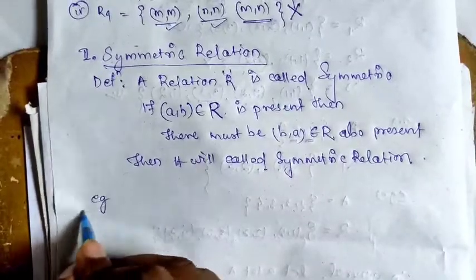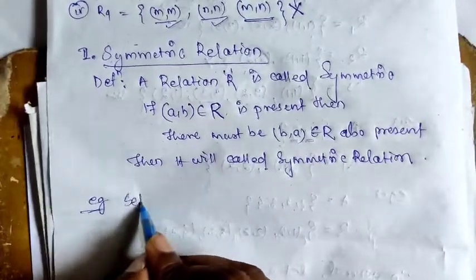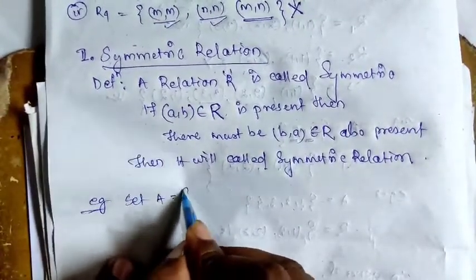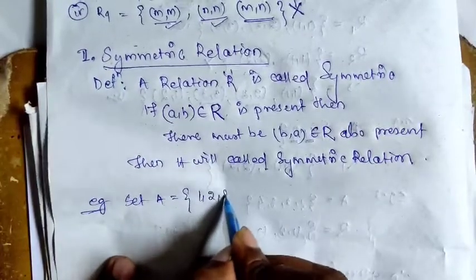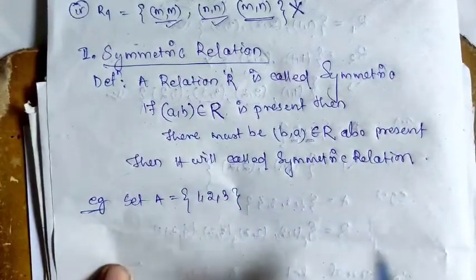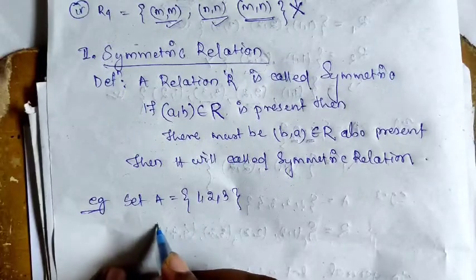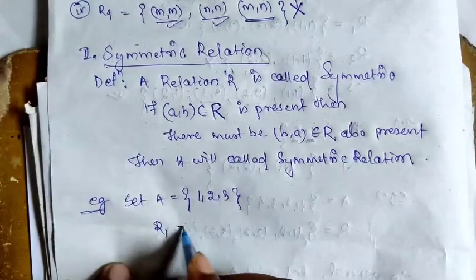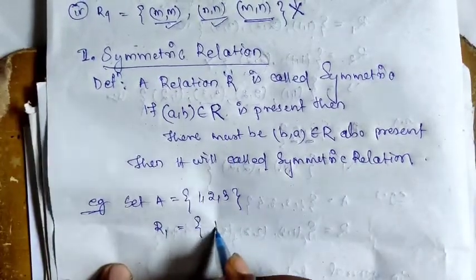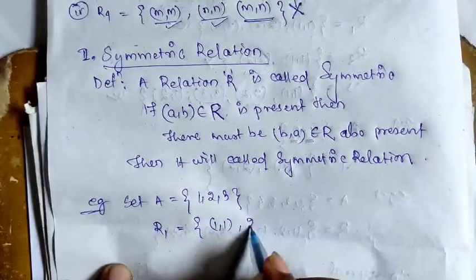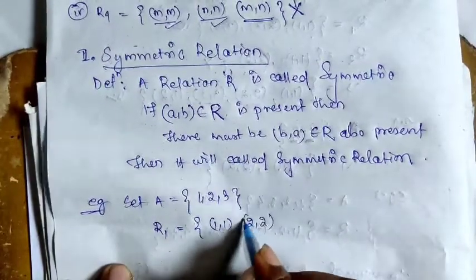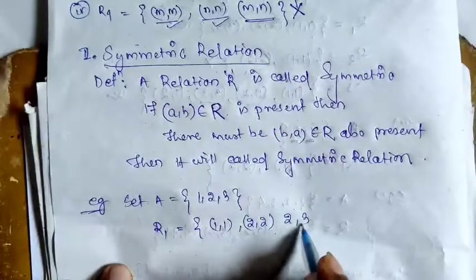Example: set A whose elements are 1, 2, 3 and various relations, that is R1 whose ordered pairs are (1,1), (2,2) and (2,3).